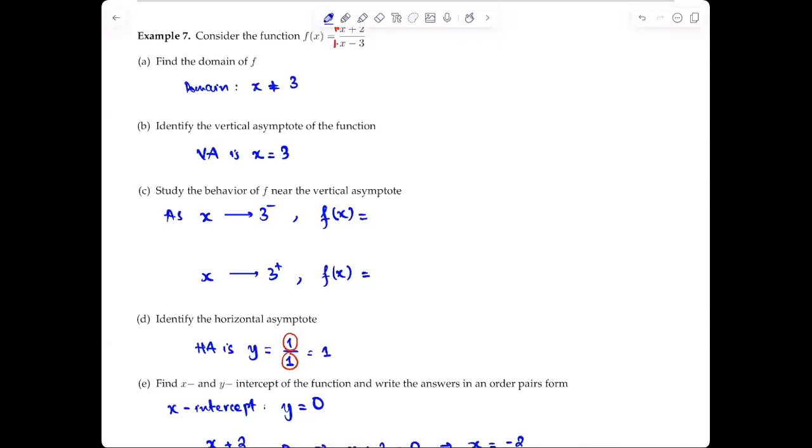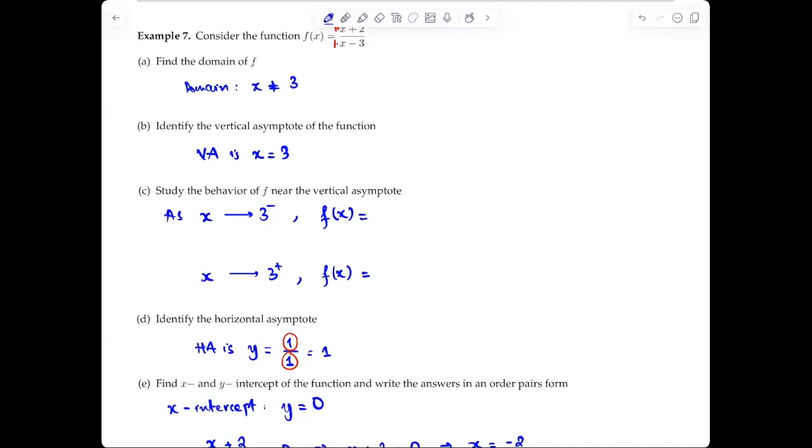You with me on that? Because on the left of 3, we have 2.9, 2.99, 2.999. So as x approaches 3 from the left, the numerator is positive. What about the denominator, on the left of 3? Is that going to be positive or negative? Negative.